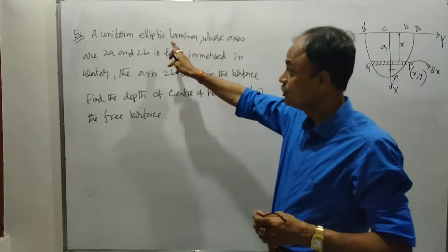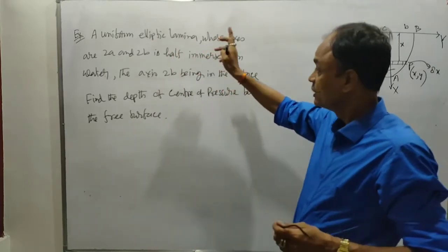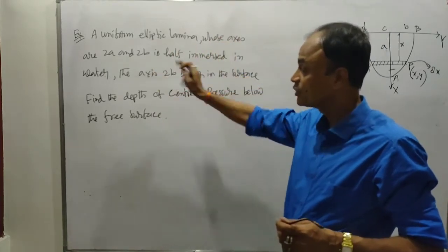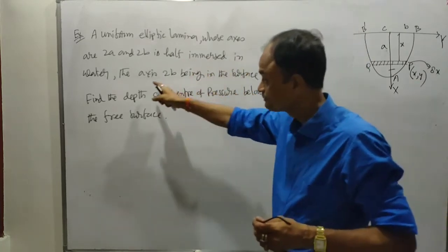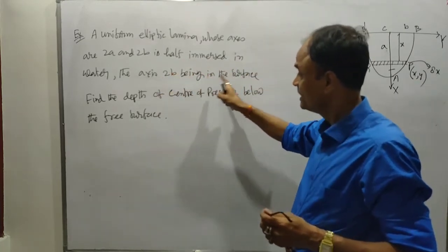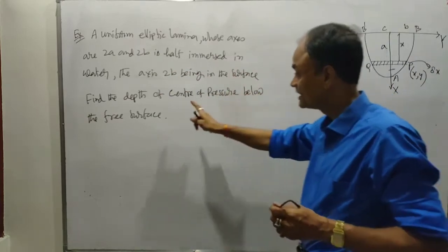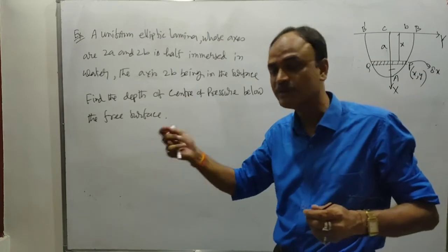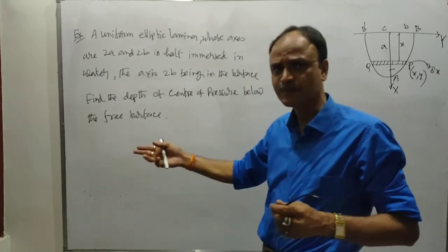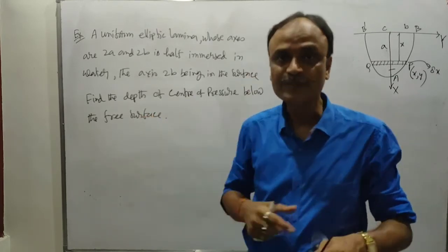A uniform elliptic lamina whose axes are twice A and twice B is half immersed in water, the axis twice B being in the surface. Find the depth of the center of pressure below the free surface. It is the same as the previous problem.